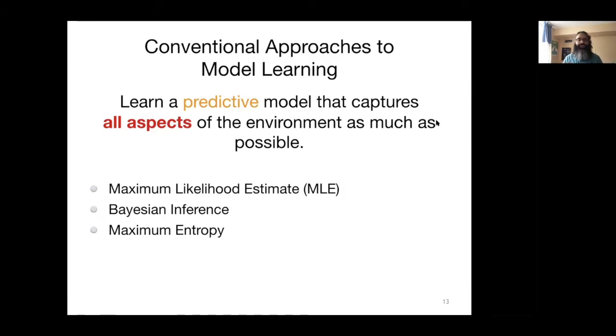The point of all these methods is that they want to be very good predictors of what happens in the future, for all aspects of the environment. So if you have, say, a multi-dimensional state space, they try to learn all those dimensions equally well, more or less.